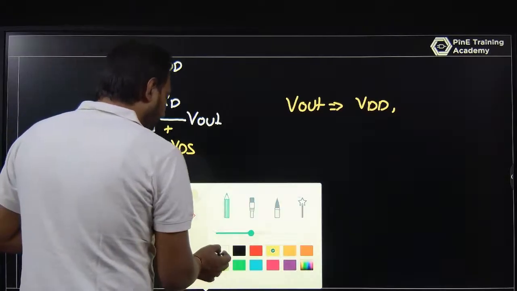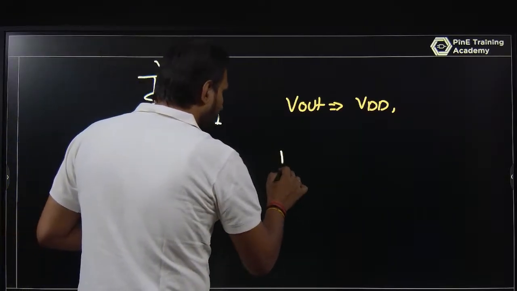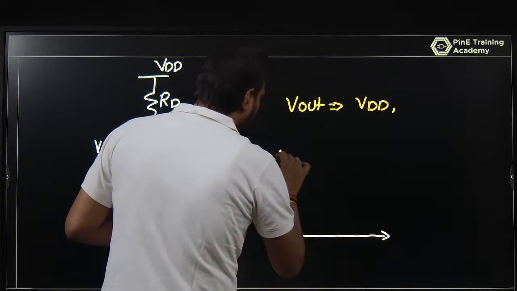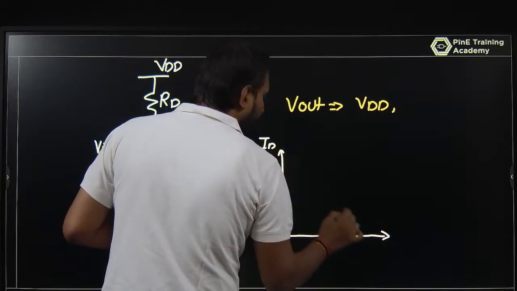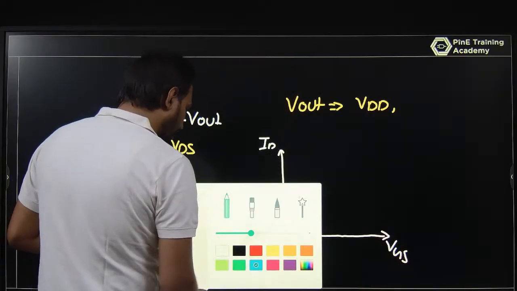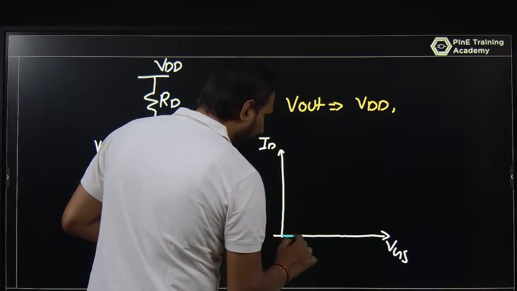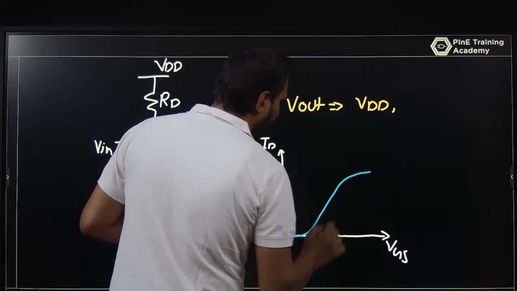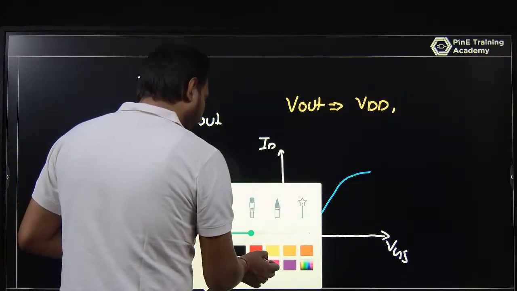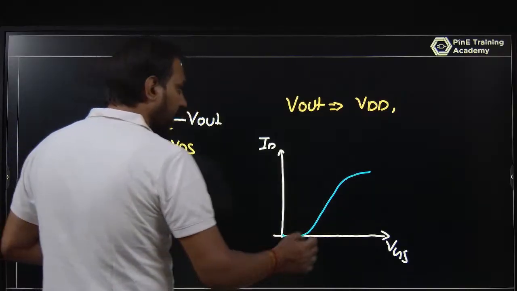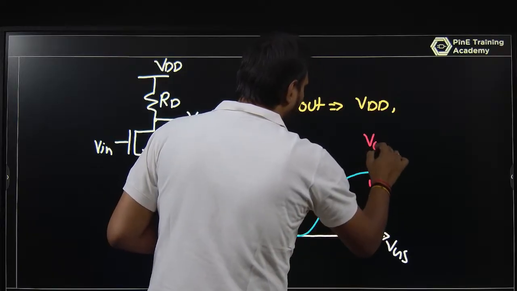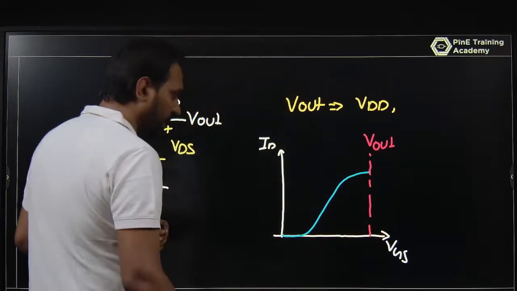So I represent it in such a way. In the last class we discussed the ID versus VGS graph, and your output current looks like this. Similarly, I am representing Vout with respect to VGS.